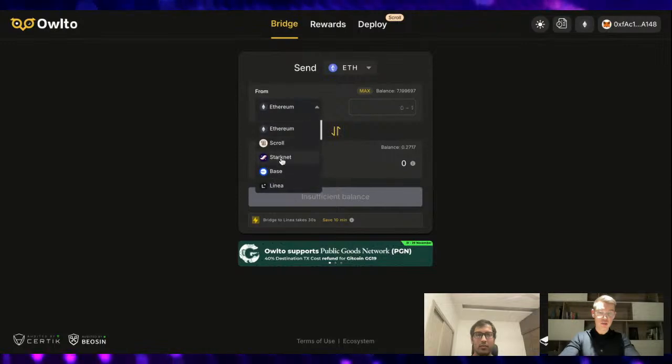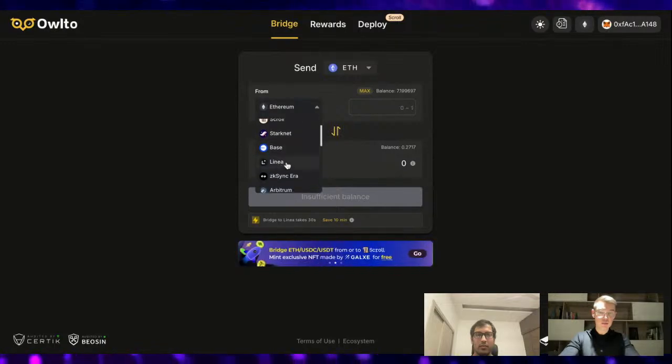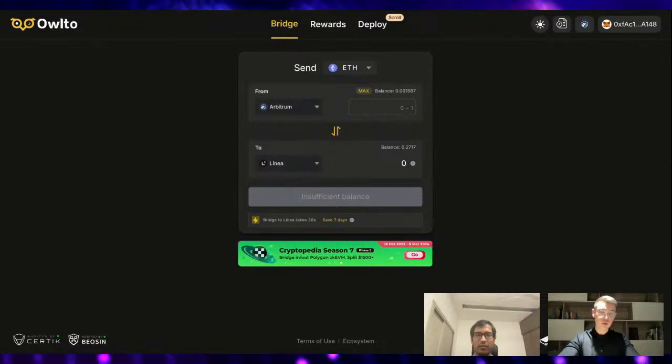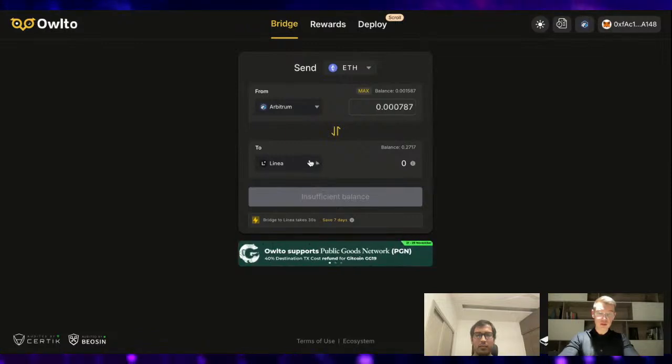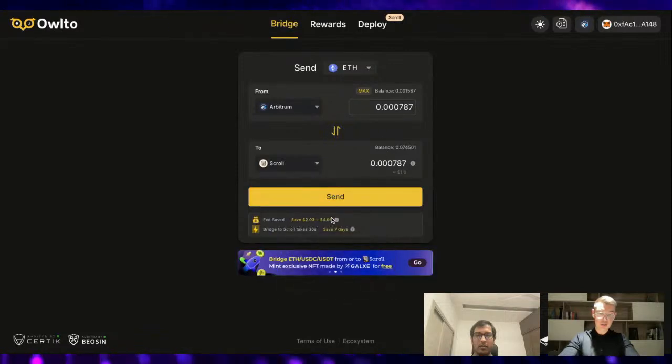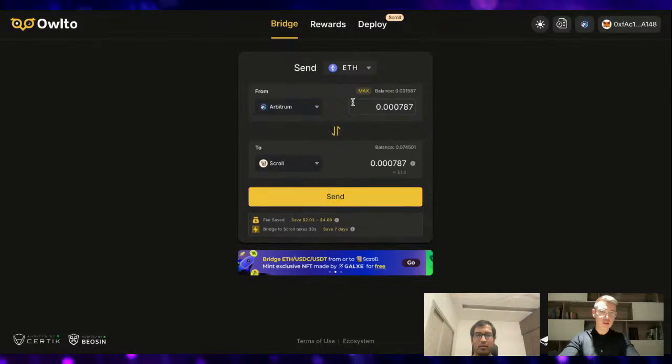For instance, here you can select Starknet, Base, ZK Sync, or Arbitrum, layer 2 solutions that will offer you a much cheaper opportunity to bridge. So in the case of bridging money from Arbitrum to Scroll, you will spend around, I think, $2.